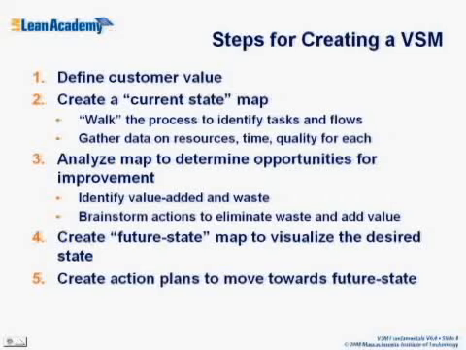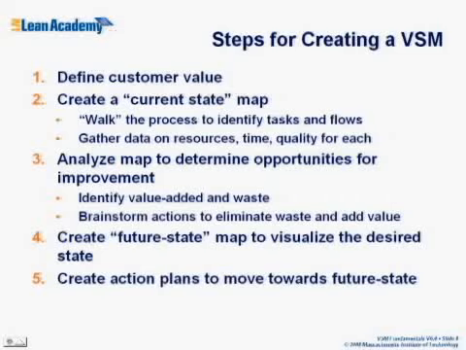And then here are the steps for doing value stream mapping. Again, you've already heard these, and this just writes down what you've heard. You want to define what is value for your value stream. Then you create a current state map, an as-is map. So that's what we're going to do for Sasha and Andy. We're going to say, what is their current state? And they've collected the data for us.